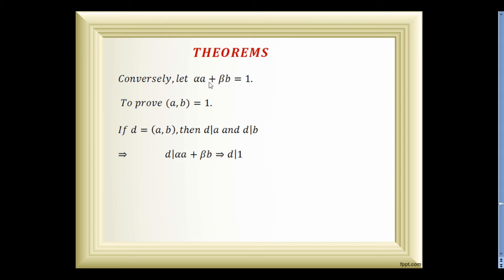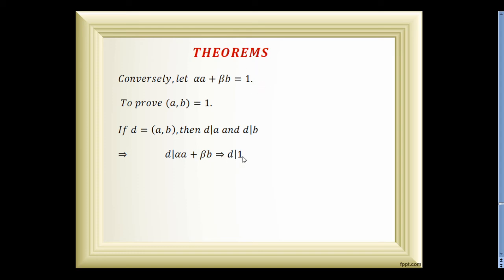Conversely, let alpha a plus beta b be equal to 1, and we have to prove that GCD of a comma b equal to 1. If d is equal to (a, b), the meaning is d divides a and d divides b. Then d divides the linear form of a and b, d divides alpha a plus beta b, which is 1.